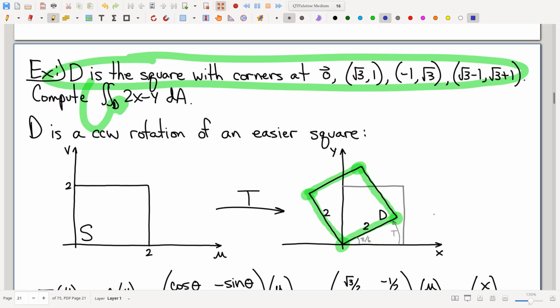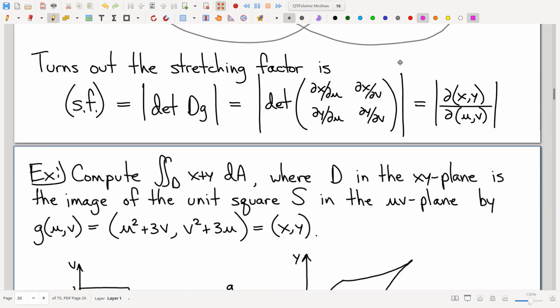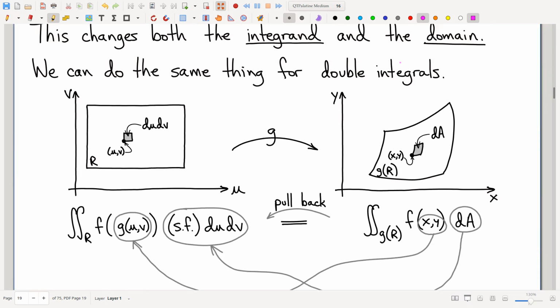Okay. All right, so now the pullback idea, I want to ask, now let's think creatively here. How can I view this domain? I've got this tilted square here. How can I view this as being the image of something I like? Remember, that's our deal. That's how this works. The whole point is your undesirable domain, you want to figure out how to view it as an image of something you like better.